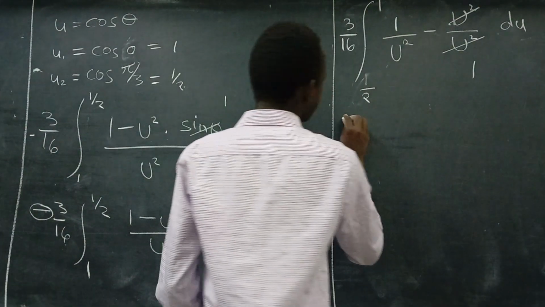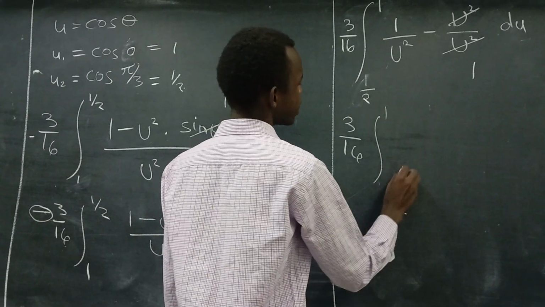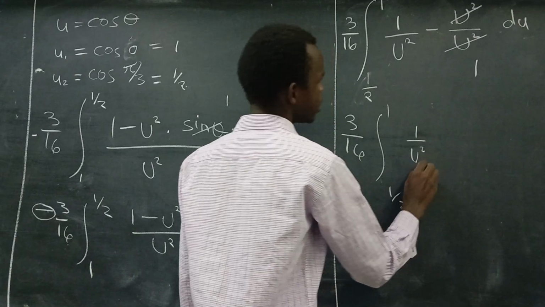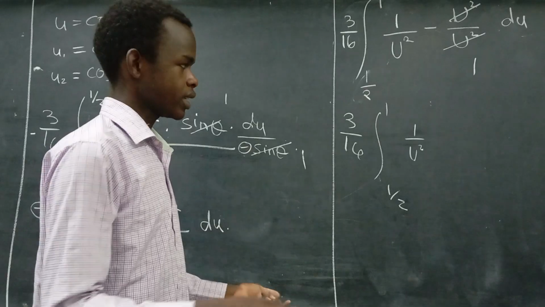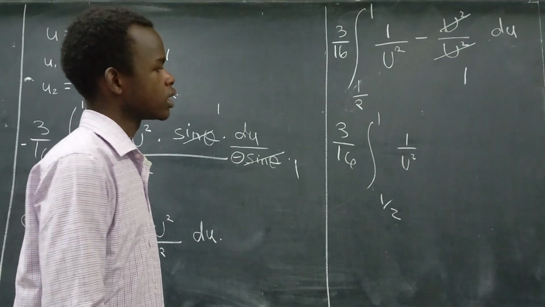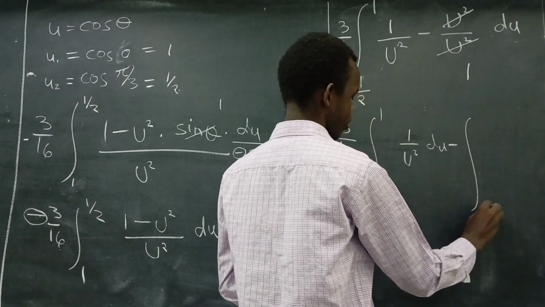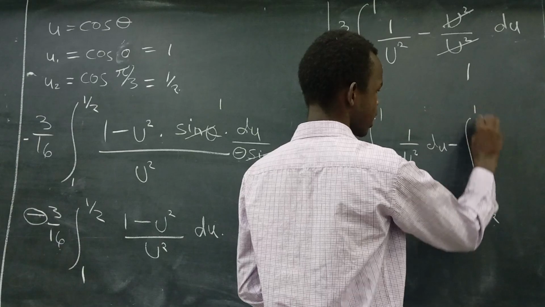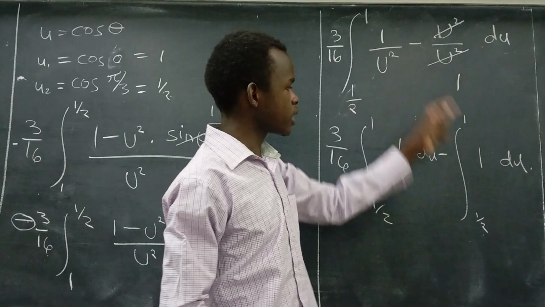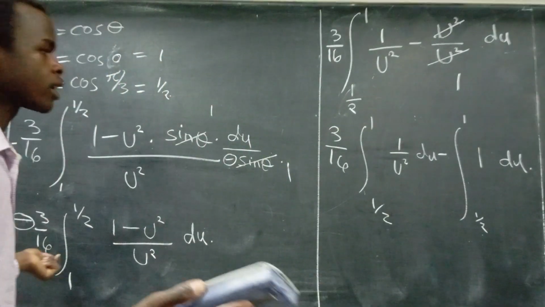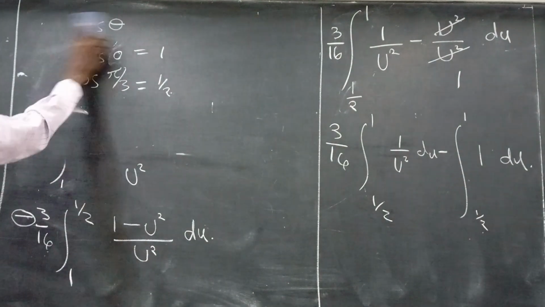So I'll write my 3 over 16, the integral from a half to 1 of 1 over u squared minus 1, du. Again, I can split my integral into 2: the integral of 1 over u squared du minus the integral from a half to 1 of 1 du. No need for splitting, but you can split. So from there, what will we get?